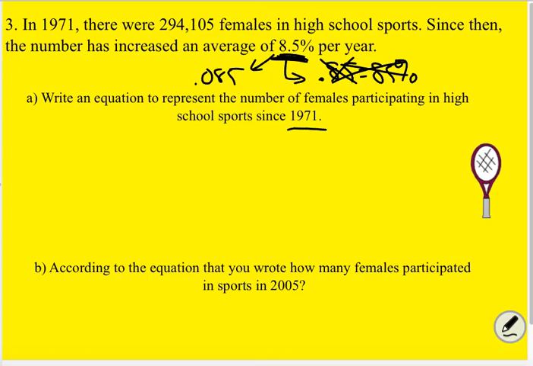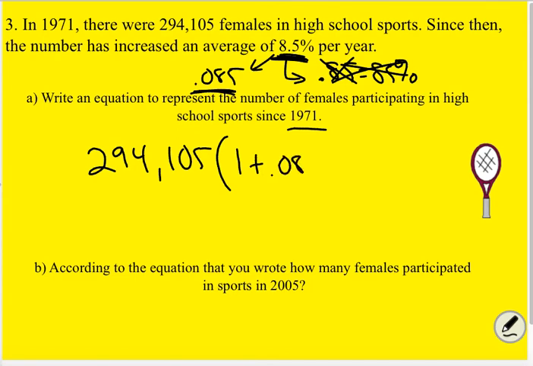Write an equation to represent the number of females participating in sports since 1971. All right, so t is going to be my time. So my initial amount was 294,105, and it's going to grow at 8.5%. So 1 plus 0.085 raised to the power of t. So 2005, how many women are participating in sports? Well, probably a lot more, I hope. 2005 minus 1971, that's going to be 34.